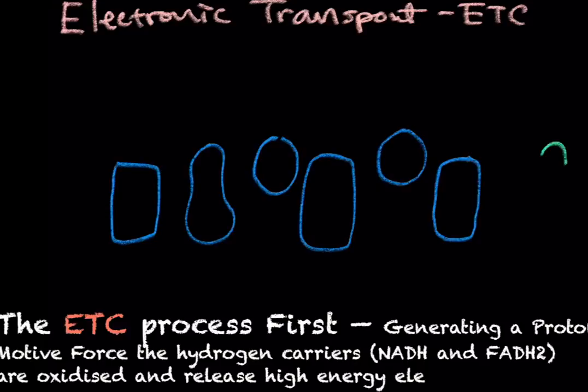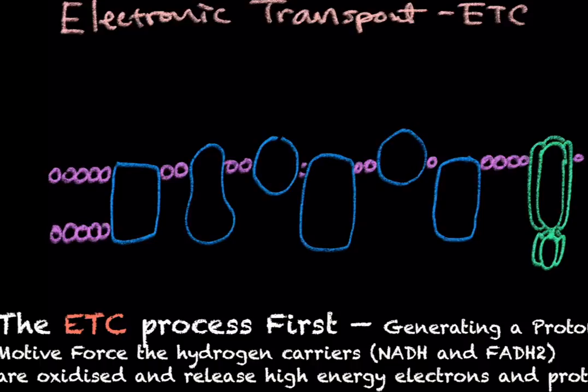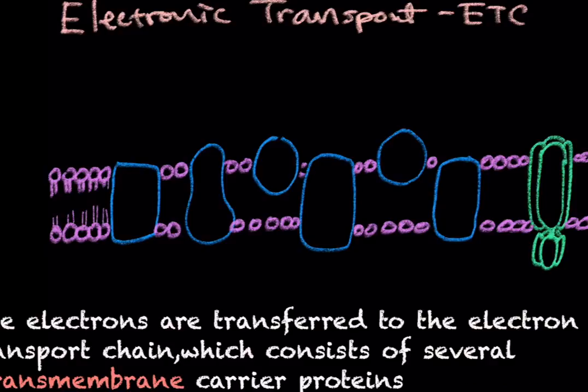The final step of cell respiration is the ETC, which is the electron transport chain. First is generating a proton motive force. The hydrogen carriers such as NADH and FADH are oxidized and release high-energy electrons and protons. The electrons are transferred to the electron transport chain, which consists of several transmembrane carrier proteins.